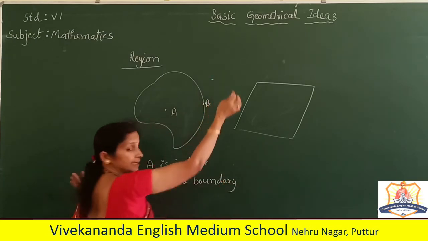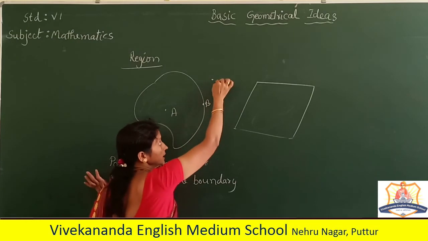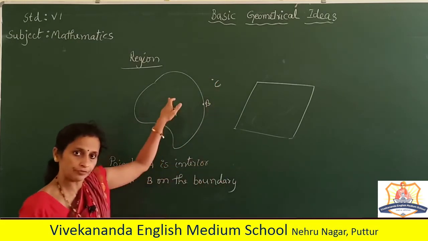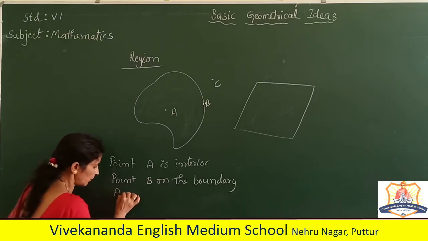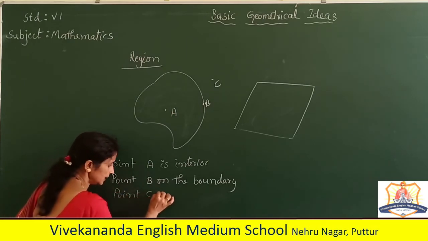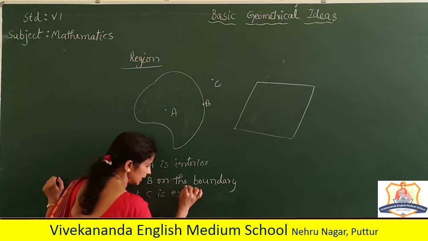If the point is outside the region or outside the given figure, we call it an exterior point. So point C is an exterior point.